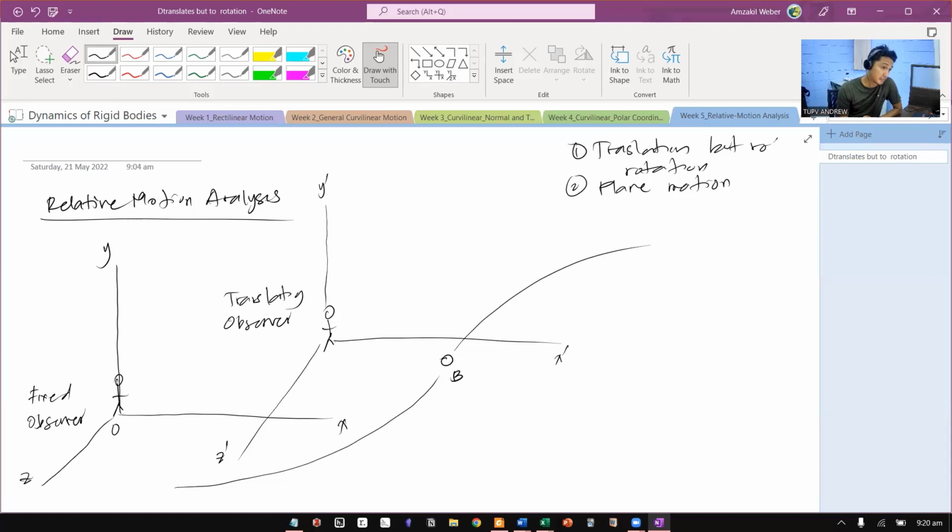The fixed observer is not moving, and the translating observer also has its own motion. We don't know what the motion is, but it is moving. So the position of B with respect to our fixed observer is this.